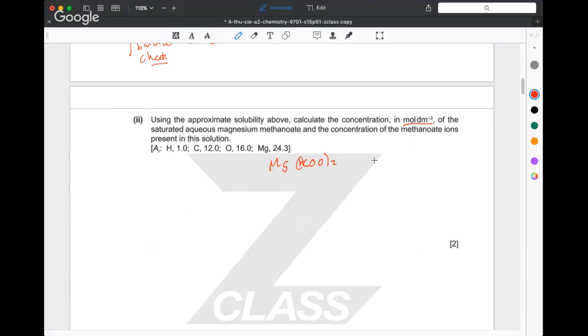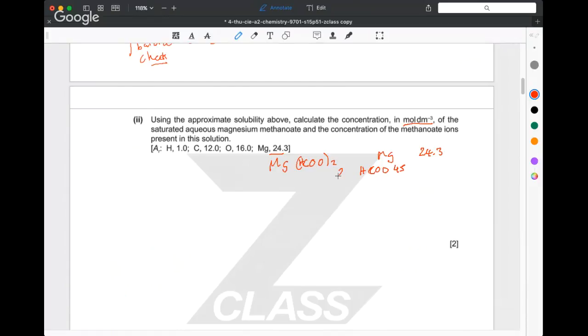So the way that I worked that out was I've got here the relative atomic masses. For magnesium, I've got a relative atomic mass of 24.3, and then I worked out the relative atomic mass of this methanoate anion as 45. I just added those up from these relative atomic masses there.